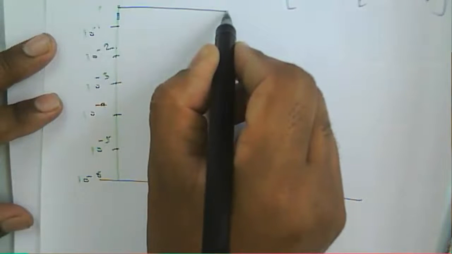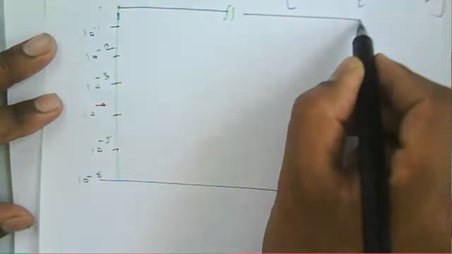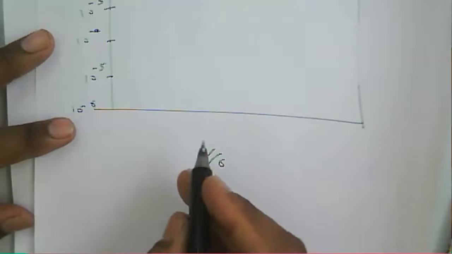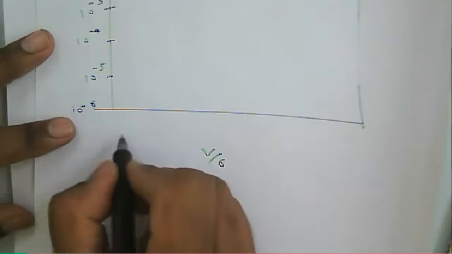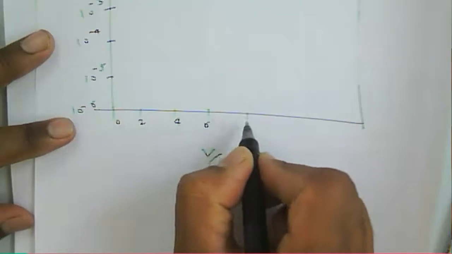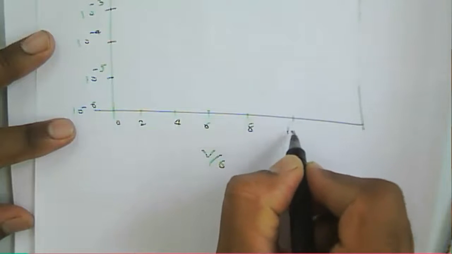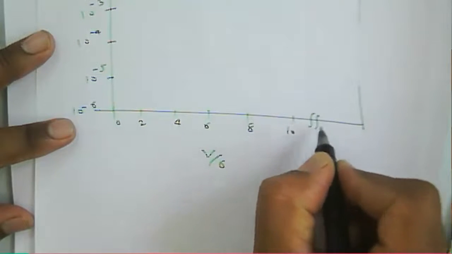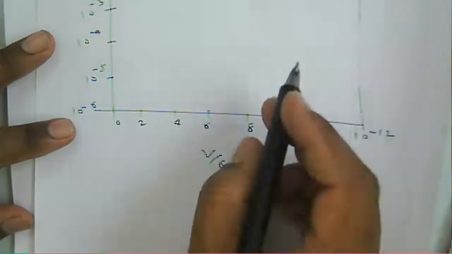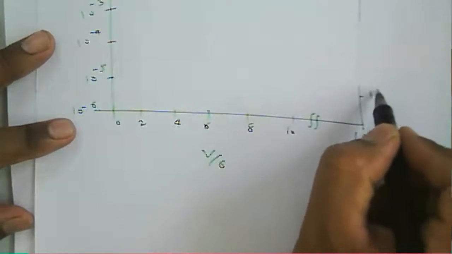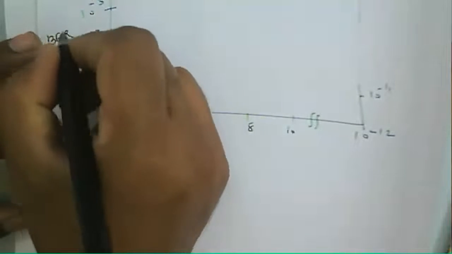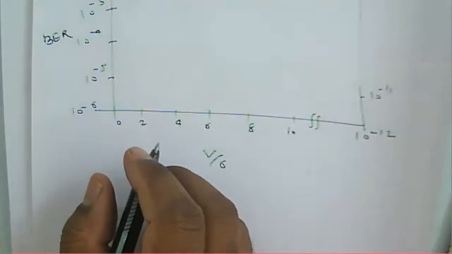So according to that, we have this p by 6 here. So it is 0, 2, 4, 6, 8, then 10, and then maximum 10 to the power minus 12, minus 11, likewise. So this is the BER here, and this is V by 6.